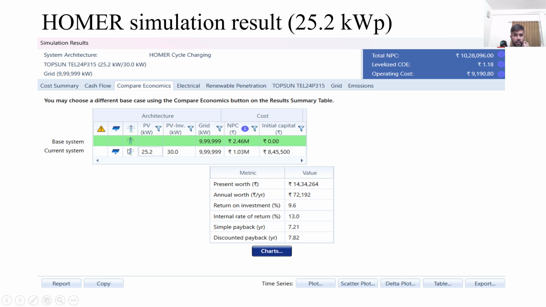So this is how the physical and economic comparison looks. If we are considering, then the annual worth is 72,192 and return on investment is 9.6%. So the payback period in terms of years is 7.21 years. The operational life of any solar power plant is 25 years, and out of which 7.21 years is the simple payback period.